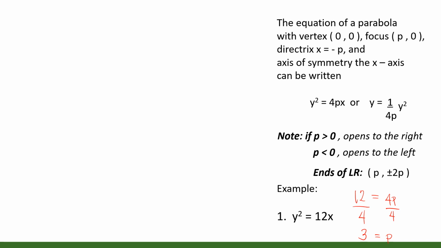Again, from the characteristics given, vertex 0, 0. Focus, what's the focus? p, 0. So we have 3, 0. And then directrix, x equals negative p. So we have here x equals negative 3.